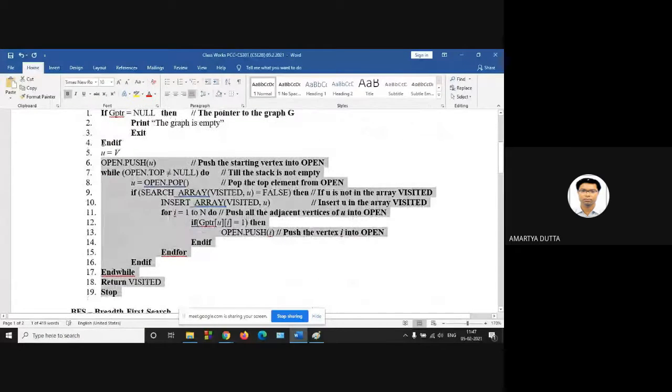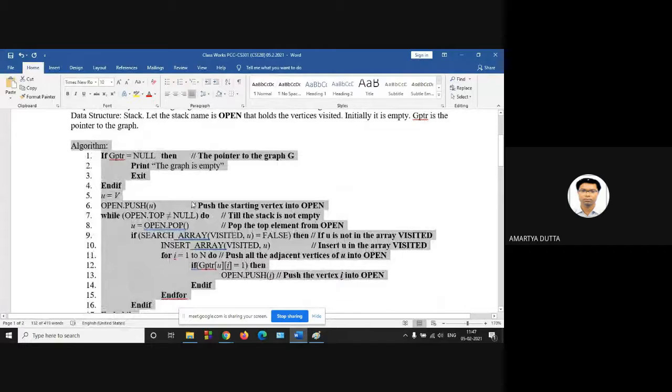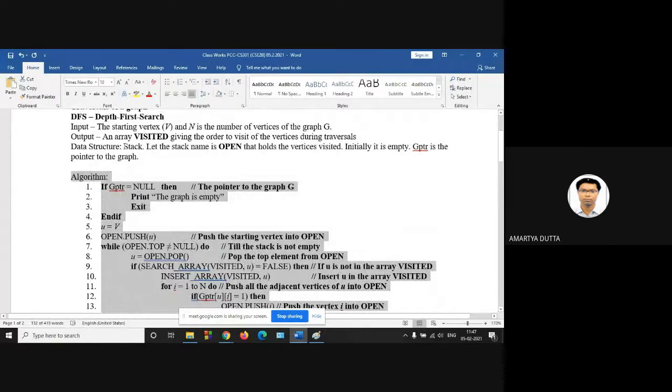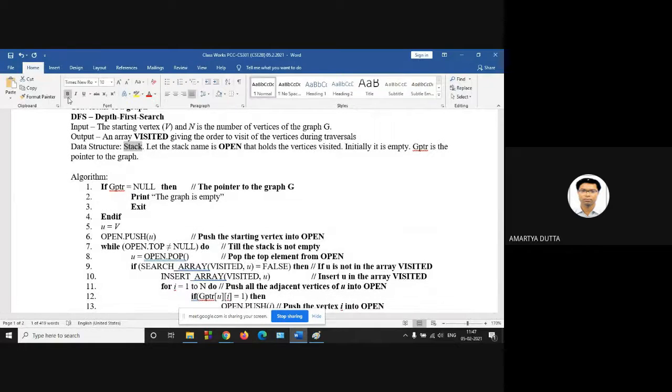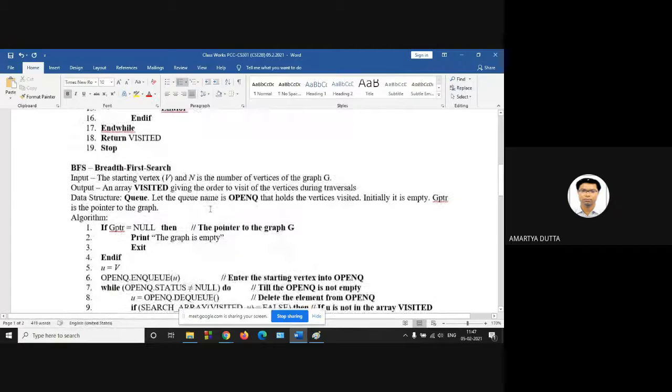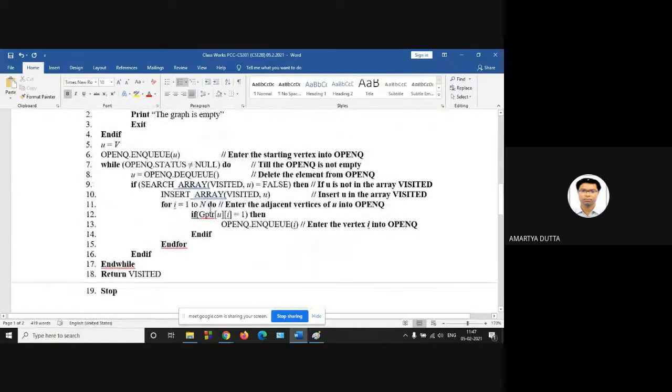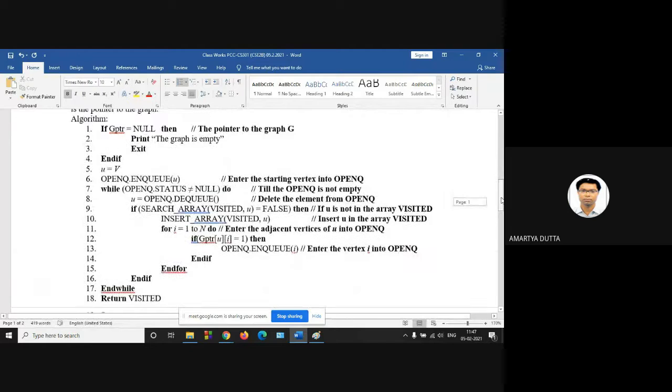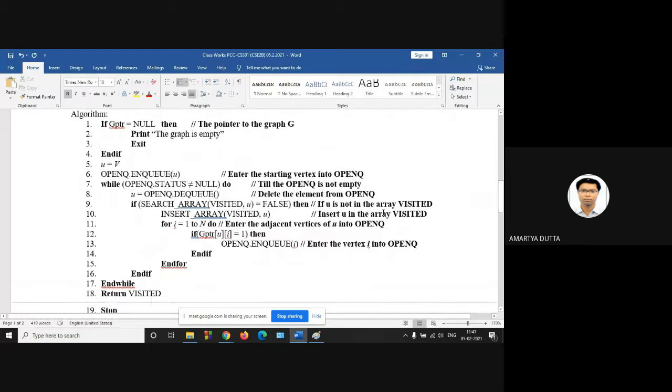And this is your depth first search where stack is used. Any question? Is it visible? Yes, sir.